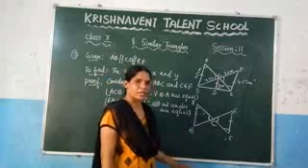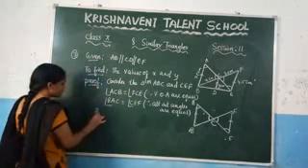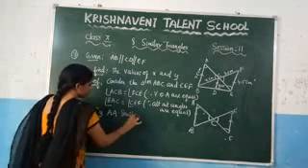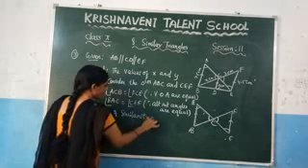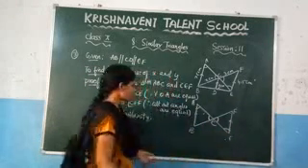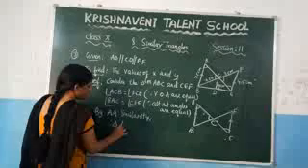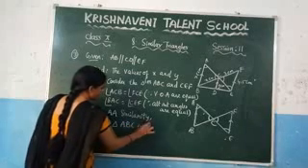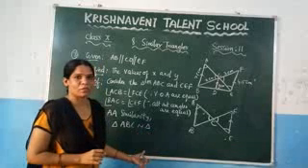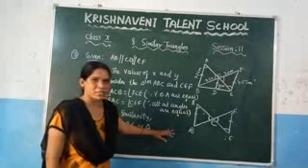So there is no need to write that one. So write: therefore, by angle-angle similarity, these two triangles are similar. So write it here, triangle ABC is similar to triangle. While writing here, you need to check which angle is equal to which angle, and write this triangle accordingly.